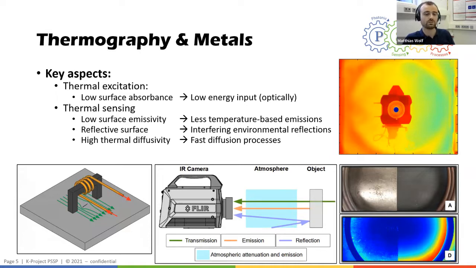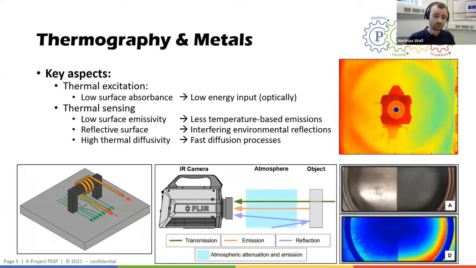Of course, this design of the inductor does not provide a uniform surface excitation, but nevertheless, it should be expected that the surface temperature is about the same on both sides of the specimen.